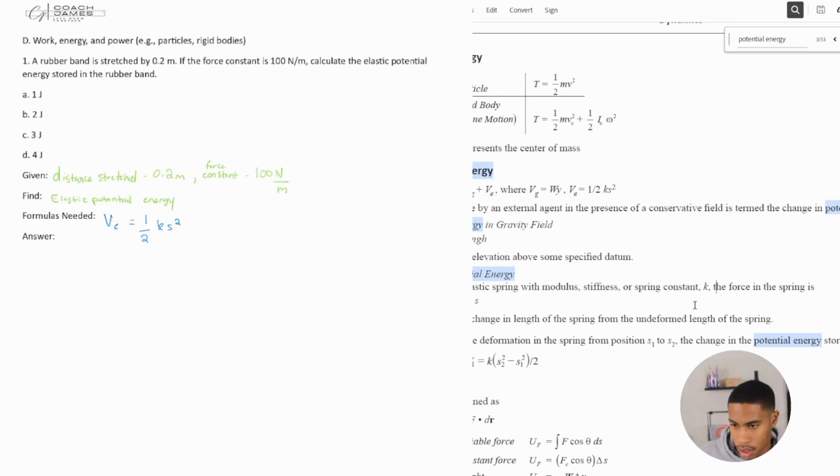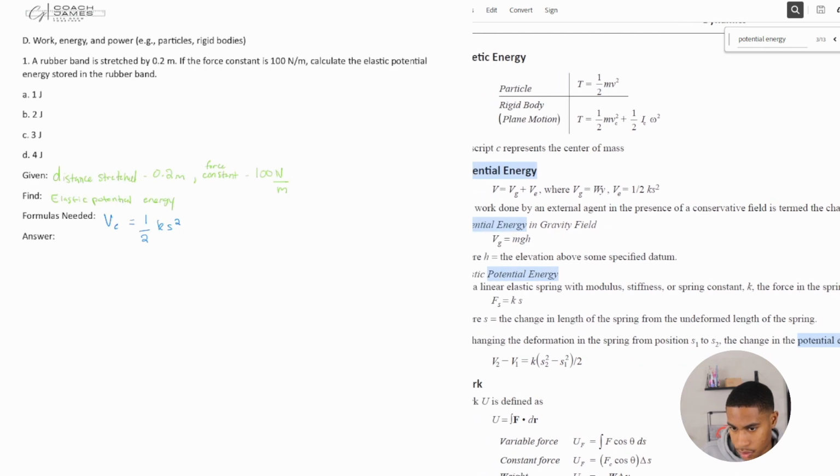K is the constant, and it's the force in the spring. So it says a spring constant, k. So we're going to say our k is going to be our rubber band constant, which is 100 newtons per meter.